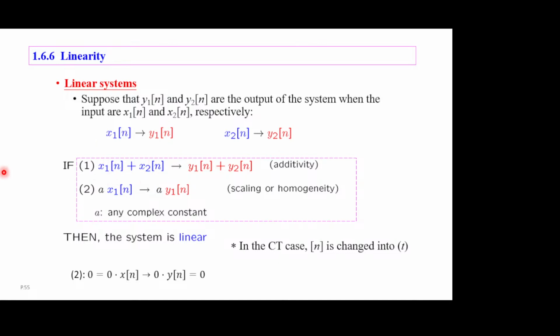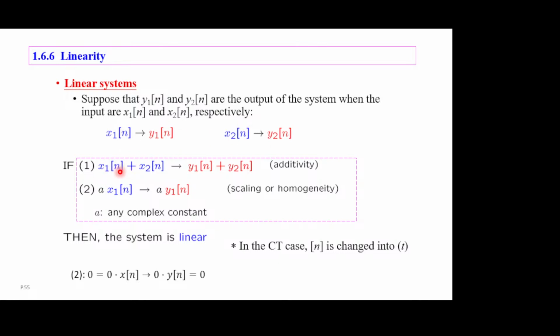And if you want to be careful, we need to define this plus, and this plus just means for whatever n, this value is x1 of n plus x2 of n. So you have a new signal that at every point the signal strength is x1 of n plus x2 of n.